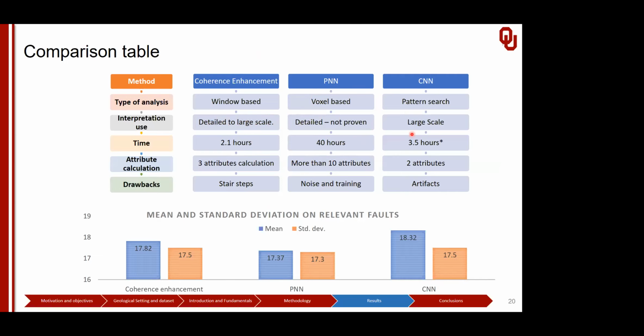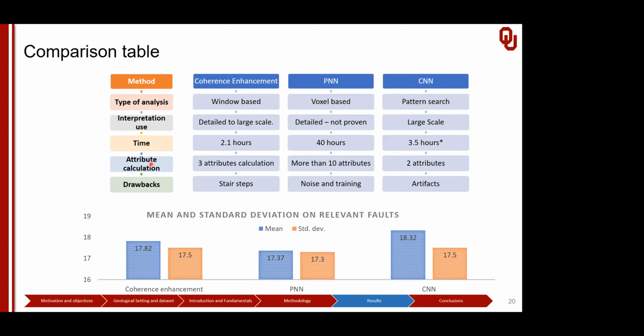In the case of the CNN, I think the method shows better results in large scale scenarios and should be used in large and local scale analysis. The PNN shows poor results. You saw that in the previous slide. So I think the capabilities of the PNN are not proven at all, at least in this area of analysis.